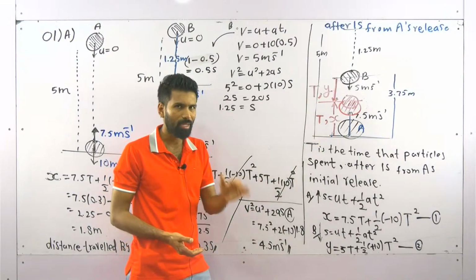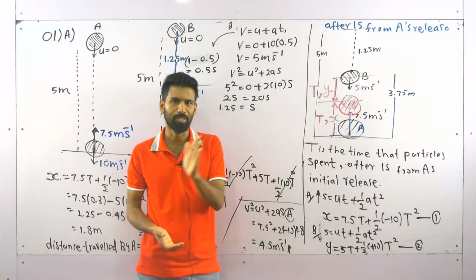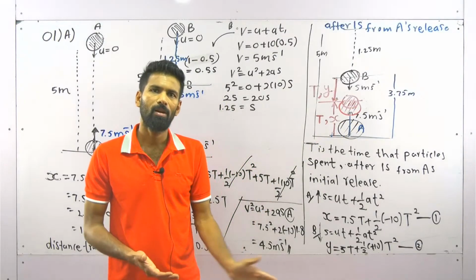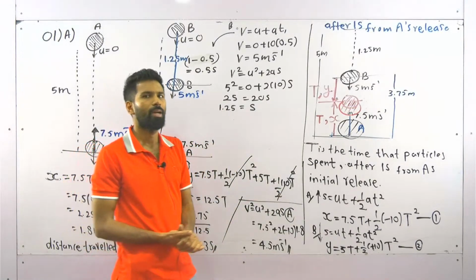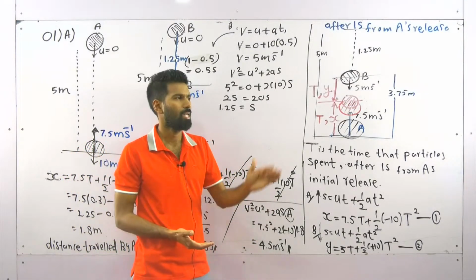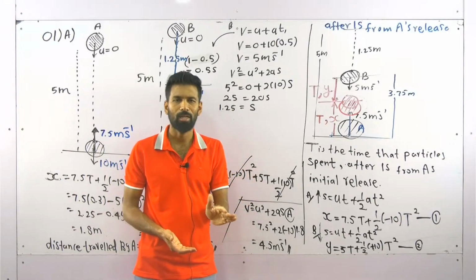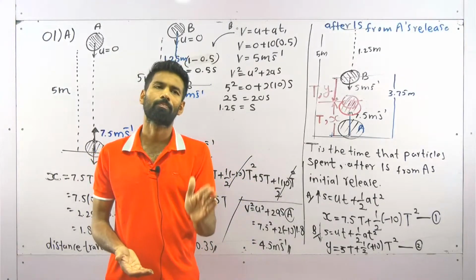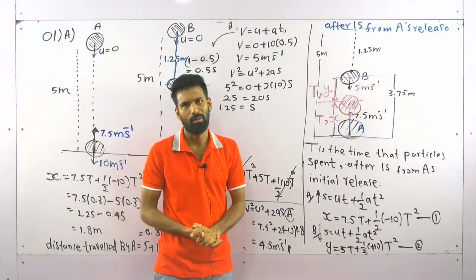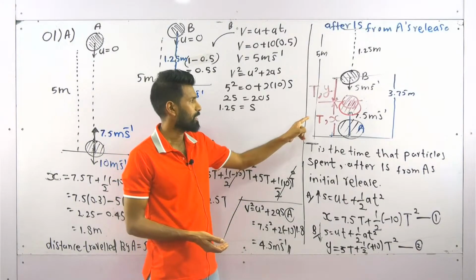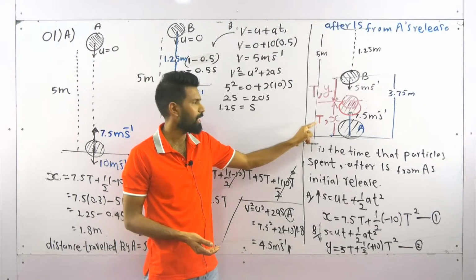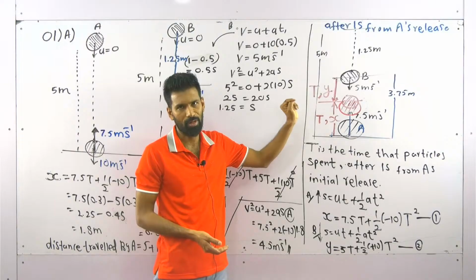Here capital T is the time period starting from the instant A bounced back after 1 second. From there, within a time period T, A will reach a distance x upward.